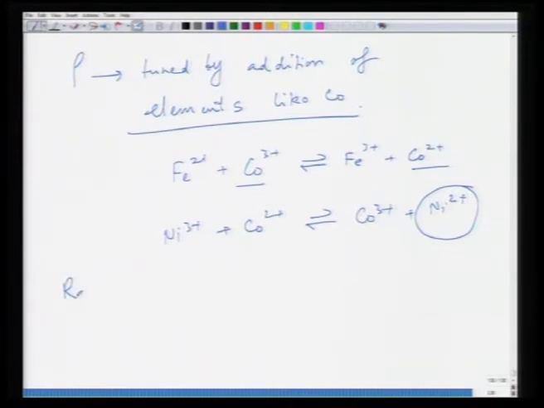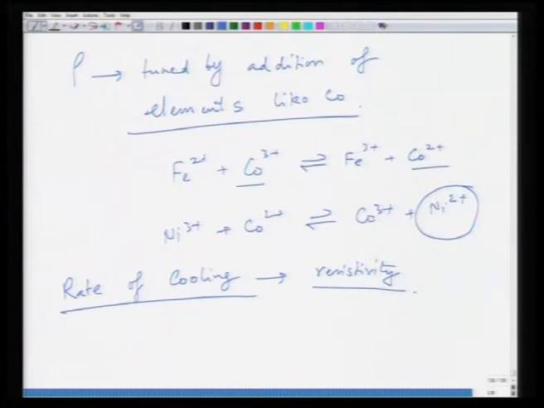Likewise, the rate of cooling has an important effect as well on resistivity. And again, this is quite important, because of the rate of cooling, the way you cool the material, the way you process the material.